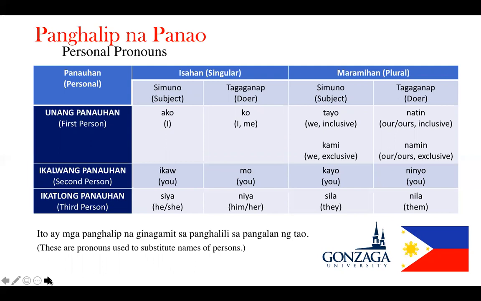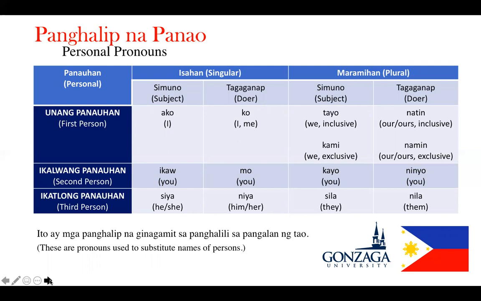Now, what we call first person is unang panauhan. Okay, una means first. Panauhan is from the root word tao. Okay? If we affix pa and han there, it becomes panauhan, which refers to first person. Ikalawang, I'm sorry, there should be an A here.